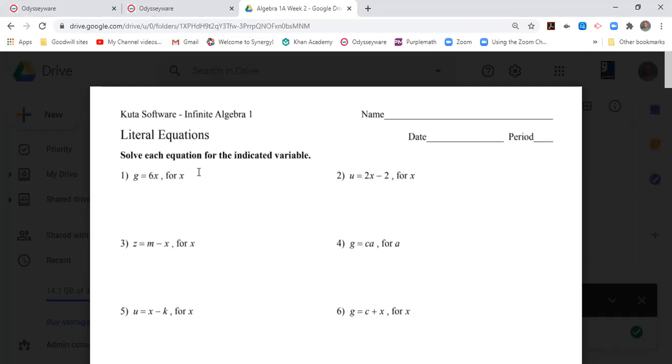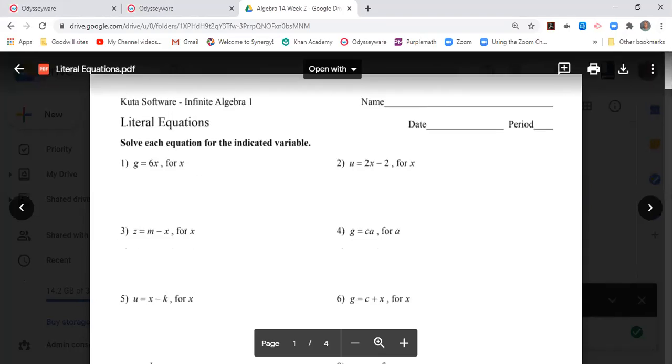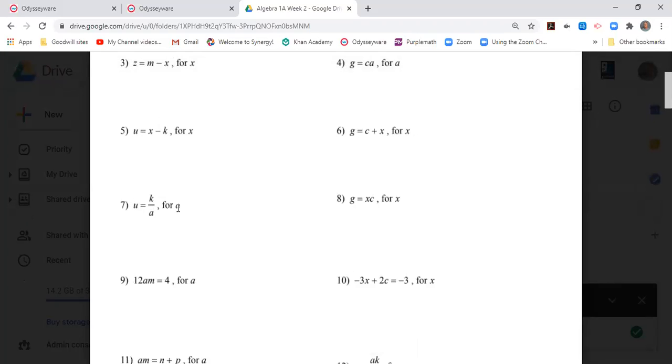That's also a literal equation. Formulas typically fall into that category. They're mostly letters. If you look down at number 7, there's one that's got nothing but letters: U equals K divided by A, and you have to solve for A.